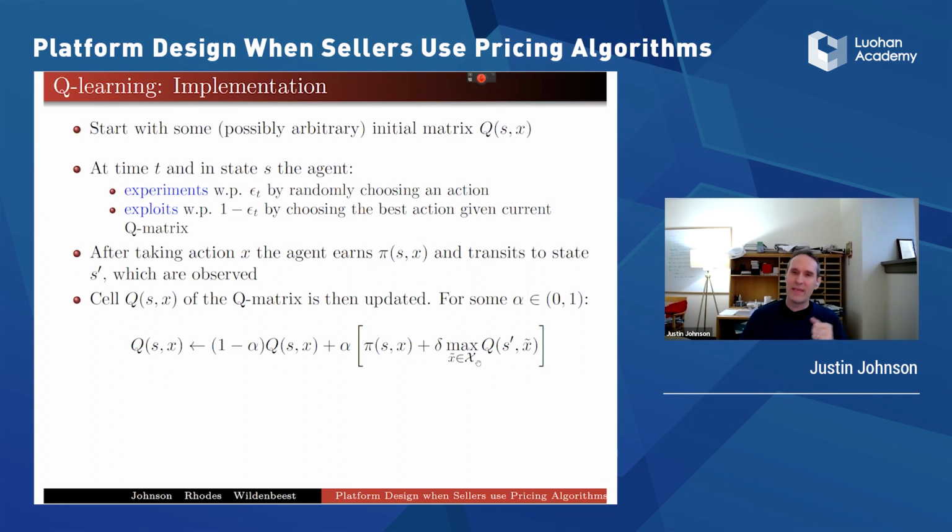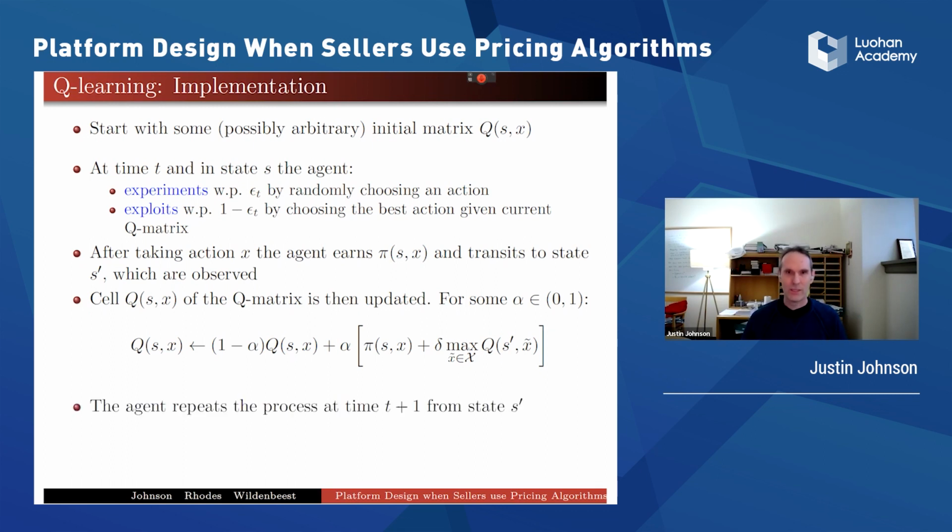And then the other thing is, I look at my Q matrix and I say, geez, I'm in state S prime now. According to my Q matrix, the best action to take is say X twiddle, and that gives me some other value. And I just take this convex combination. Now, if you remember your dynamic programming from graduate school, this might look a lot like a value equation, and it is.